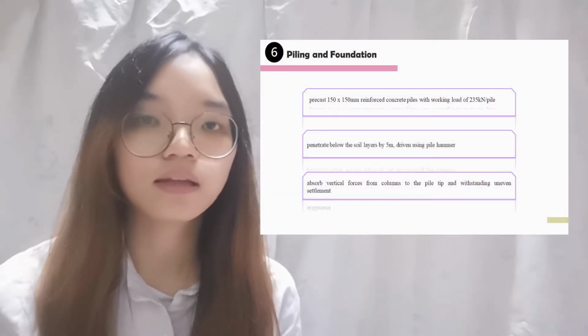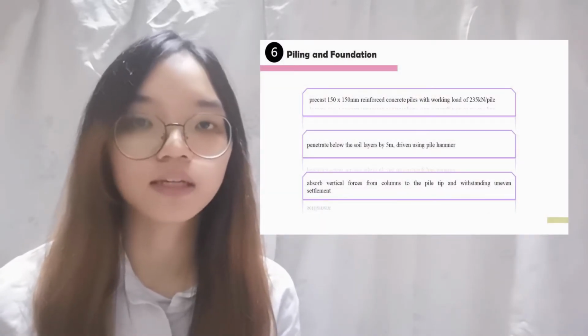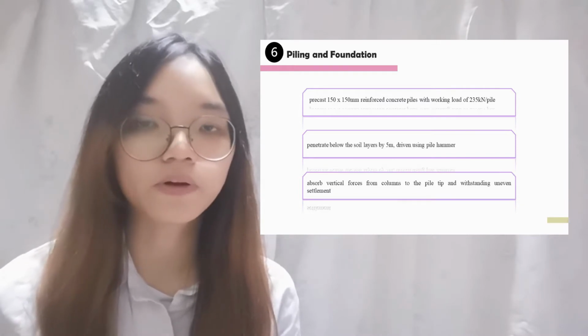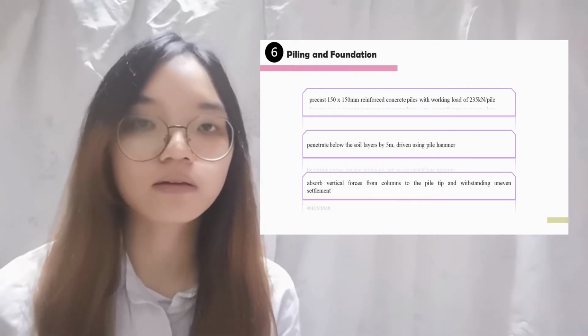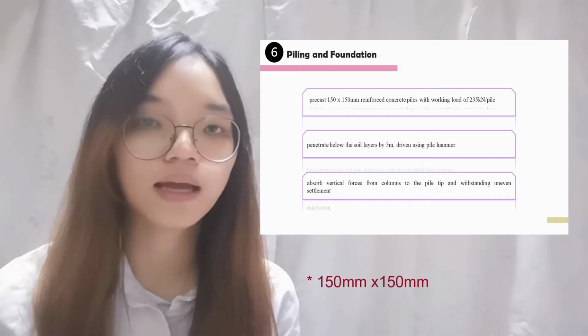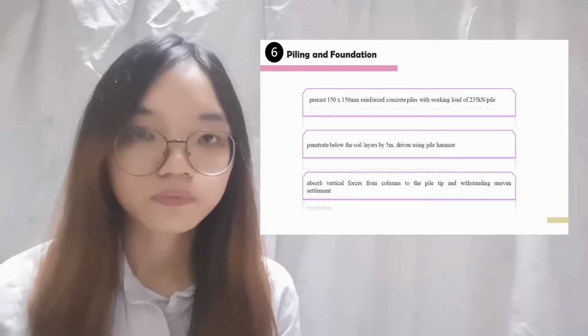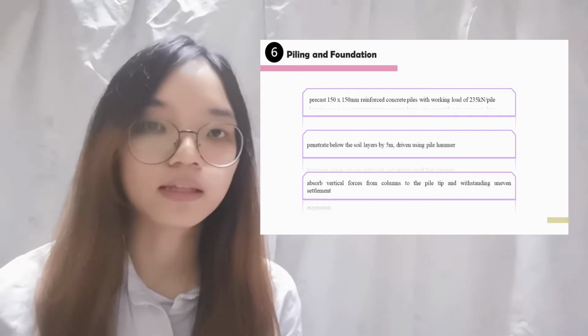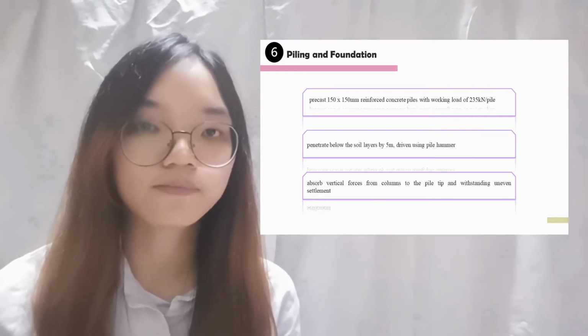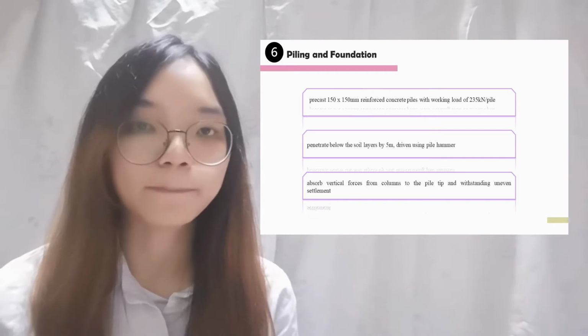And then the next one is piling and foundation. The piles used in the project are precast concrete piles of 100 mm times 100 mm. The piles are penetrated 5 meters below the ground soil layer by using a pile hammer.